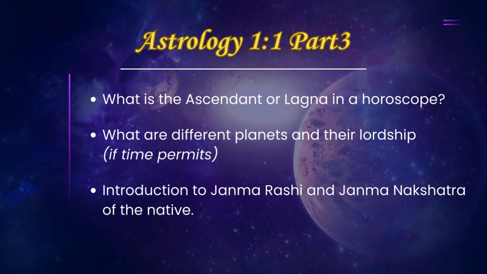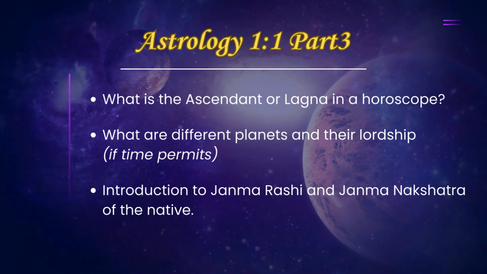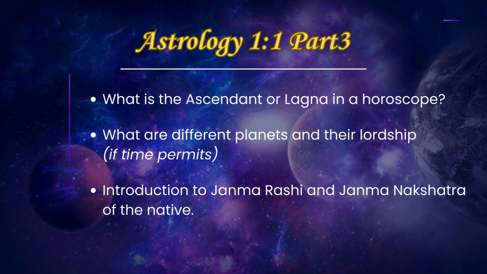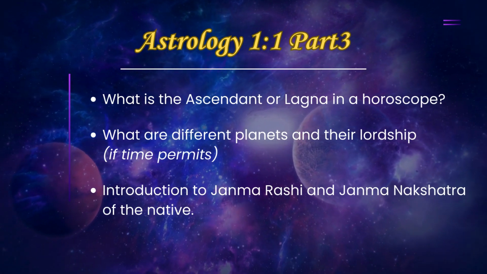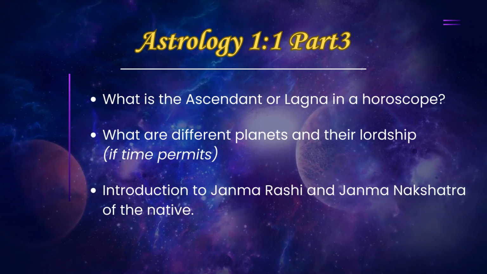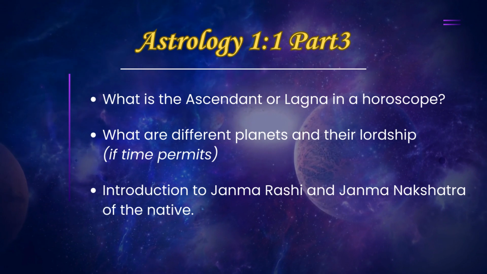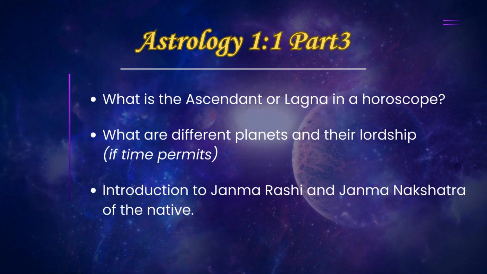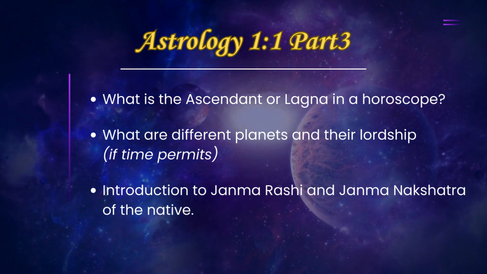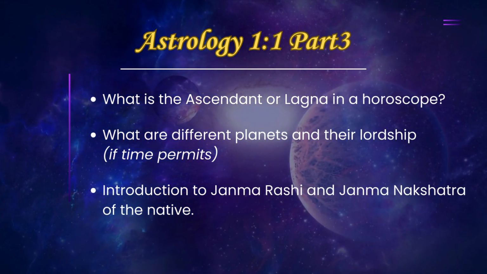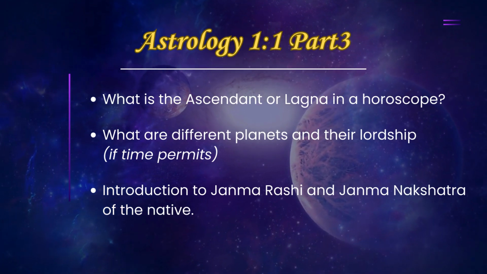So, what is the birth sign or Janma Rashi and what is Janma Nakshatra of the native? We will cover both moon sign and sun sign and their significance briefly. Okay, so let us get started with the concept of ascendant or Lagna in the native's chart.